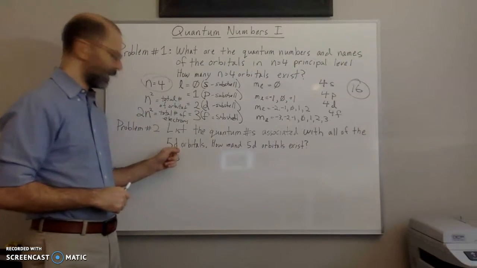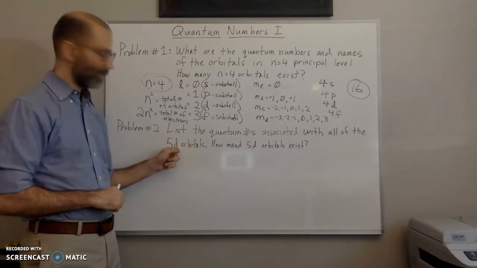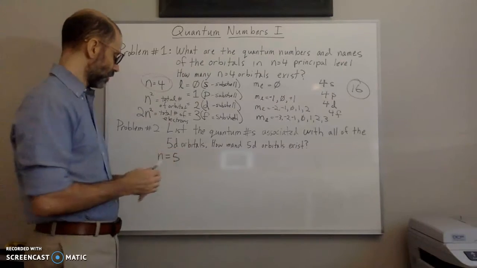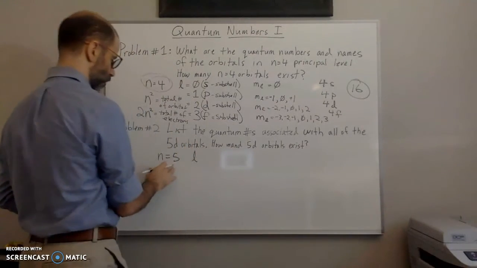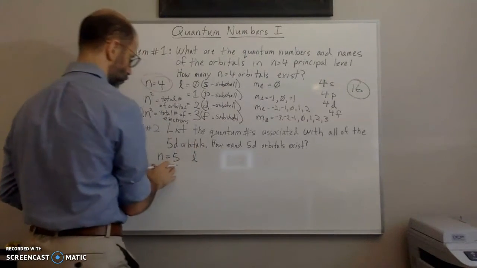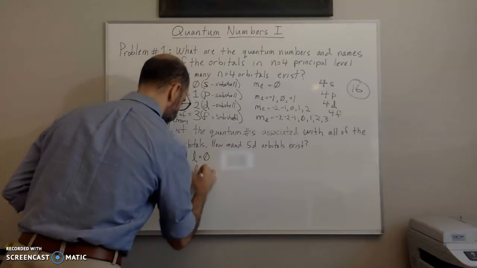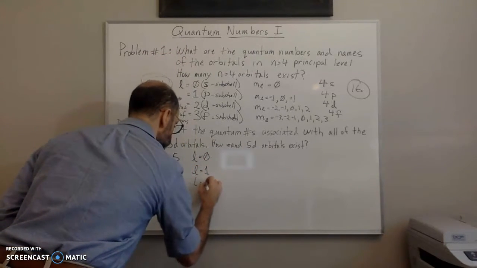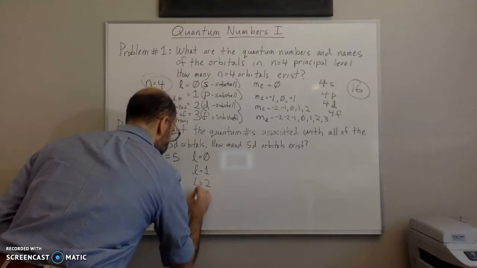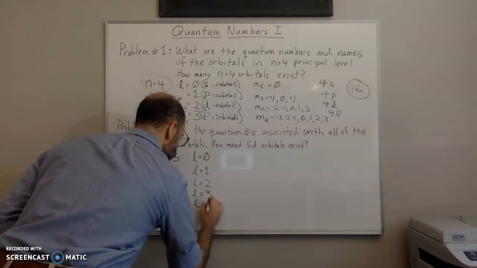And then we're only interested in the d orbitals, right? So if we write out our L values, we're going to go from 0 to n minus 1, which is 4. So that gives you L equals 0, L equals 1, and then L equals 2, and then L equals 3, and then L equals 4.